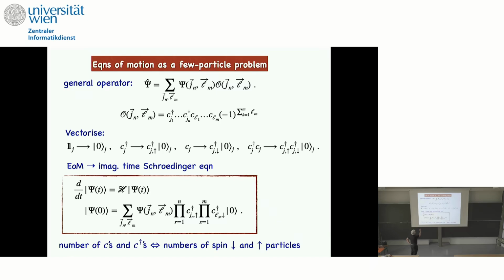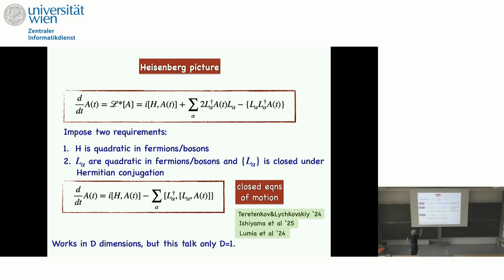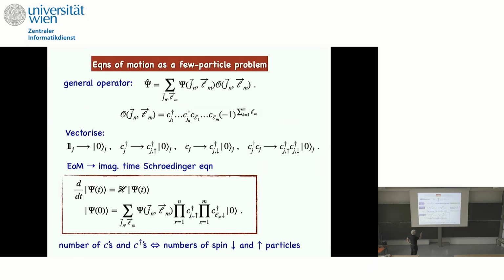This basically goes like so. Let's consider a general operator, psi hat, which is a linear combination of these bases of operators. This is the most general operator I can write. I've stuck in this stagger term for reasons that will become obvious later.